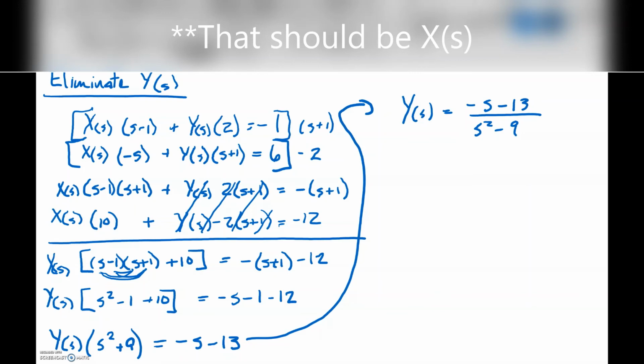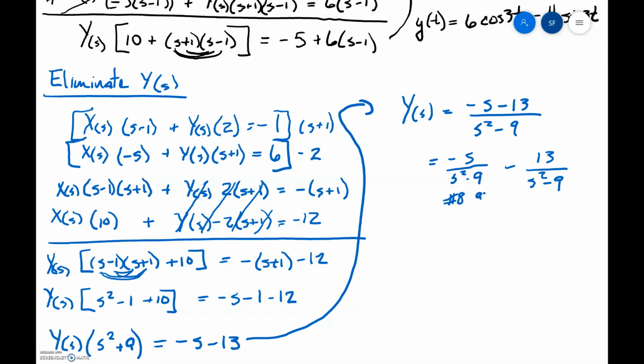And again, just like the other one, I can go ahead and split this up into two fractions: negative s over s squared minus 9, minus 13 over s squared minus 9. And again, these are formulas 8 and 7 from the Laplace tables that I gave you.